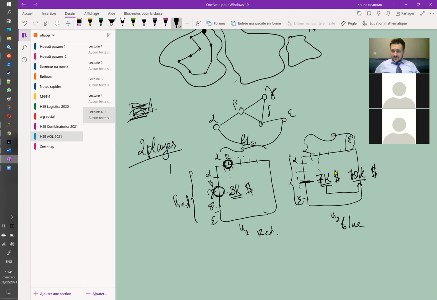It looks like this place is very good for the blue player, but indeed for the blue player this epsilon is even better. But for the red player, maybe this choice is even worse than the choice right now. So it's some kind of game.